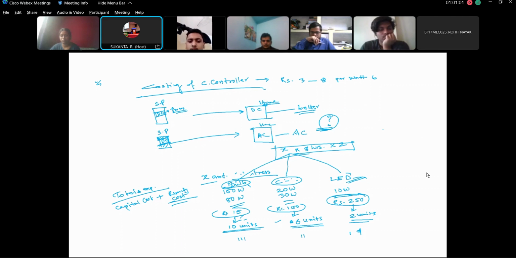So for this kind of equipment or technologies, the star rating will be 5 or 4 or 3. Then they can mark it on the appliance. This is on a centralized basis.